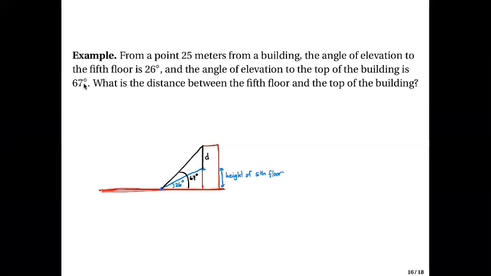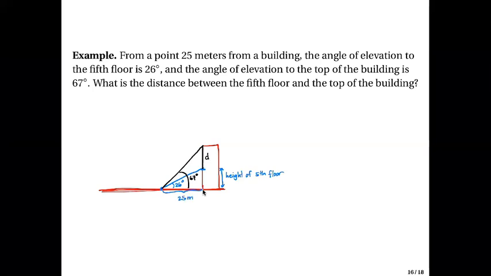So, we have two right triangles in here. The first right triangle is this with the blue hypotenuse, and this guy here, and this length here, which is 25 meters.